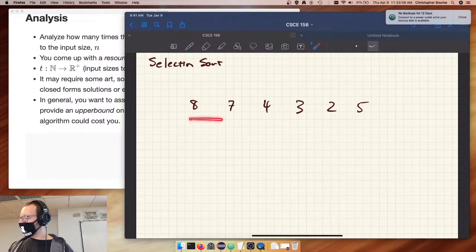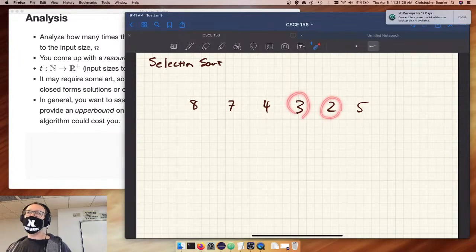It goes through and finds the minimum element. So 8 is my minimum. Oh, 7, I found something new, something a little smaller. 4, oh, that's even smaller. There's my new minimum. 3, that's even smaller. I didn't mean to write it like this, but I meant to interleave a lot more. And then finally 2. Oh, 2 is the absolute minimum. 5 is bigger, so 2 must be the actual minimum.